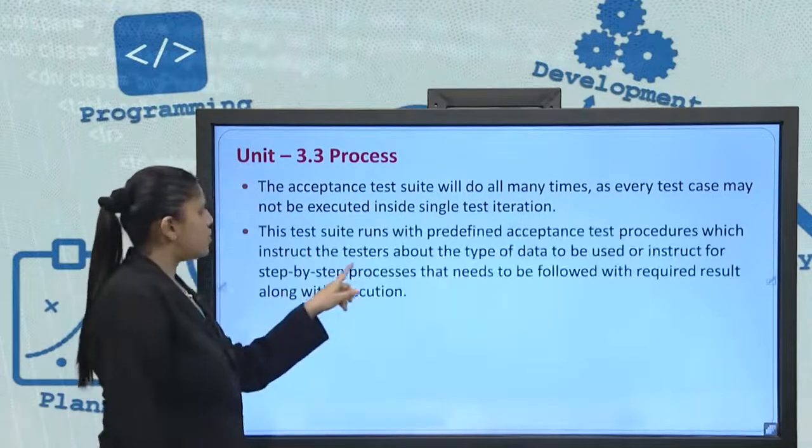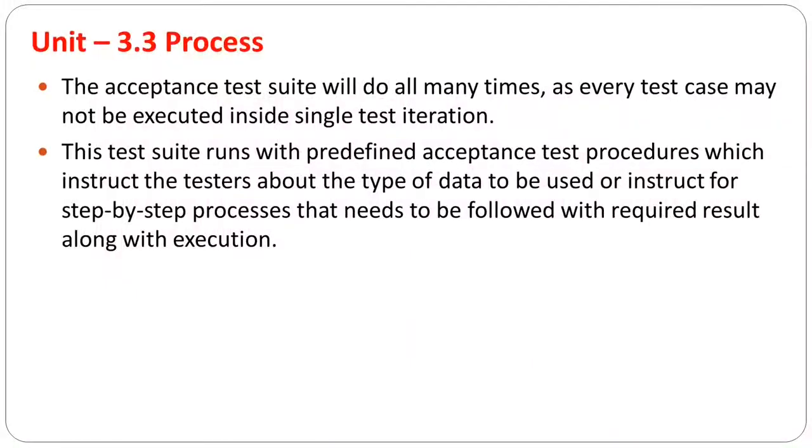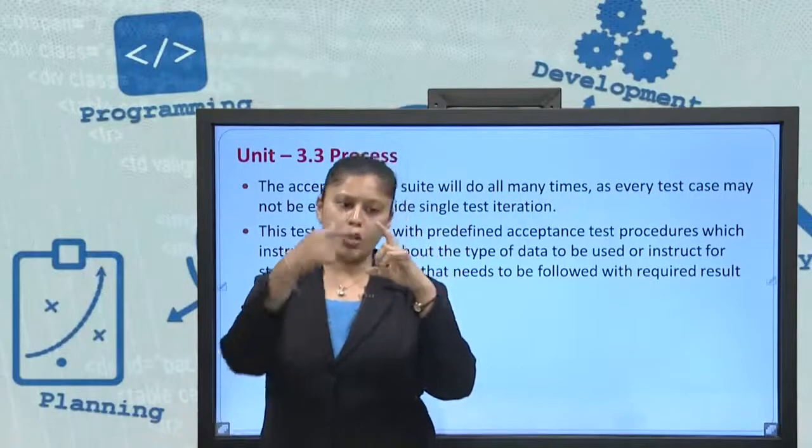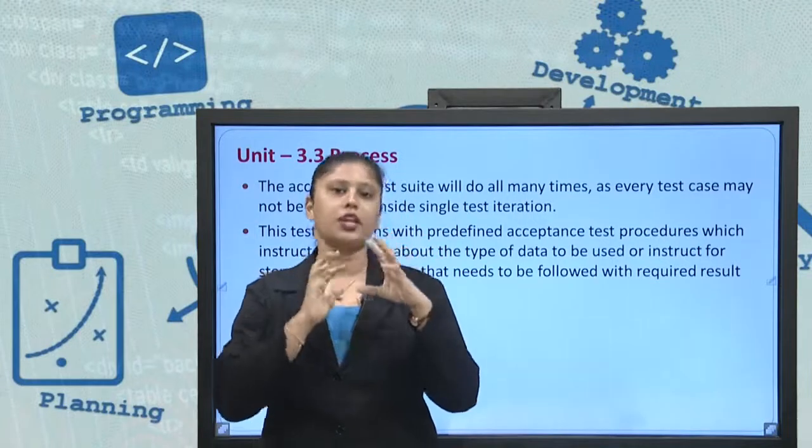This test suite runs with predefined acceptance test procedures, which instruct the testers about the type of data to be used or give a step-by-step process. The test suite will instruct my tester on what steps to perform for that particular testing.